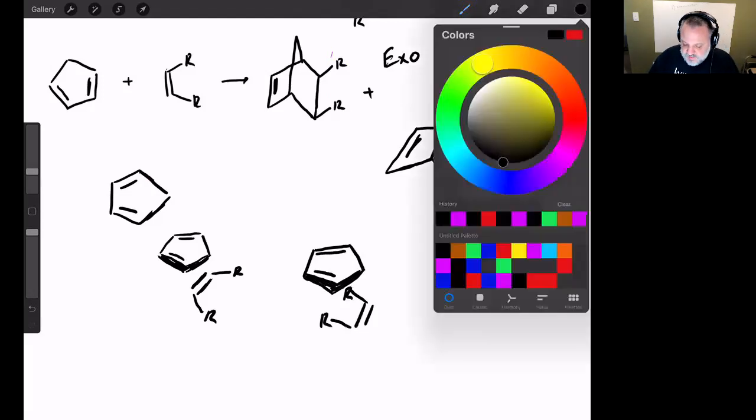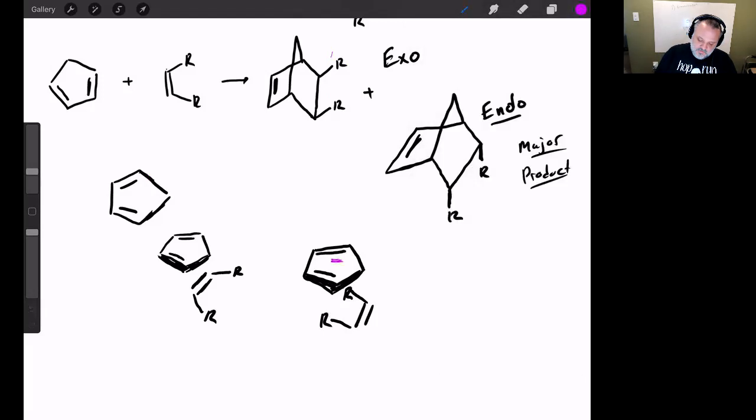And what we're saying is that the reason there is a stabilization in this direction that leads to a lower energy transition state, which gives the endo preference, is that there's some sort of electronic interaction happening with the electrons in the R groups.